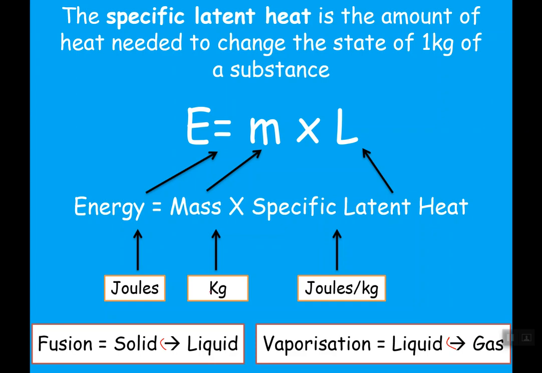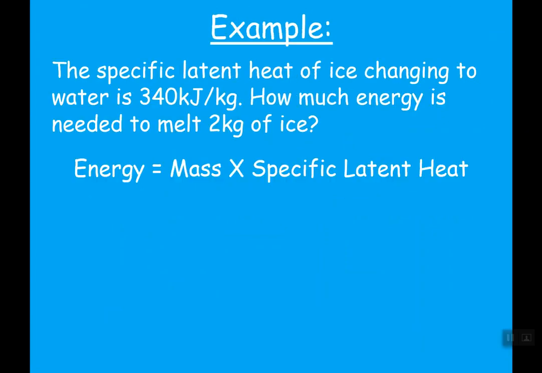Mass is always kilograms. It should be a lowercase k. That should be kilograms. It's the only thing that has the prefix kilo in front of it. Energy is measured in joules, if you're being lazy, capital J. And then specific latent heat is joules per kilogram, because remember, it's how much energy per kilogram you need to change the state of a substance.